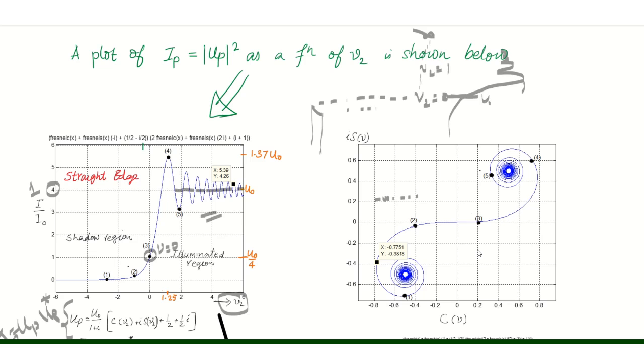There is I0 by 4 here, and here we have another intensity where it peaks. Then we have a minimum point, then a maximum point, and so on. Here, this is the illuminated region from 0 upwards, and this is the shadow region from 0 downwards.